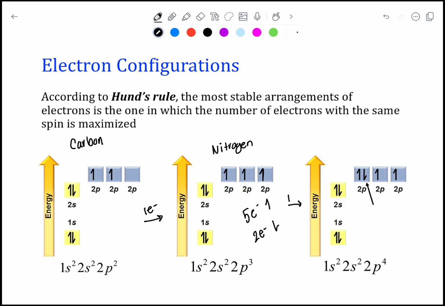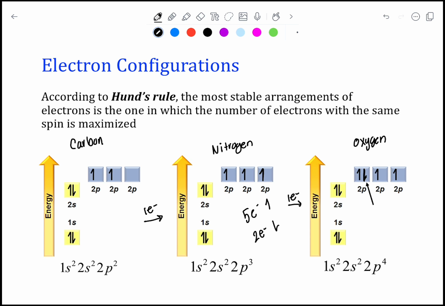However, our rule also says that electrons will only pair up if they have to. So when I add 1 more electron to go from nitrogen to oxygen, that 1 electron is now going to follow our Pauli exclusion principle, and it's going to add to our 2p, but in a downspin. So following Aufbau and also following Pauli exclusion, we still have to fill up our 2p before we can move on to any other energy level.